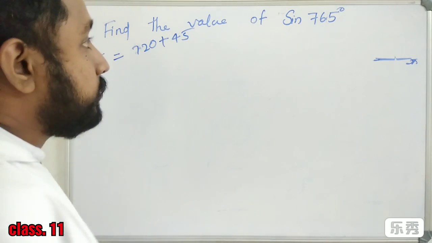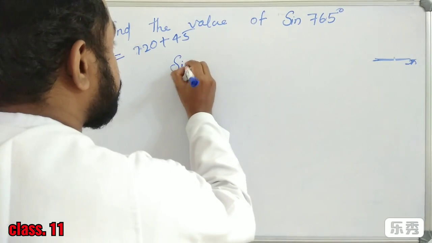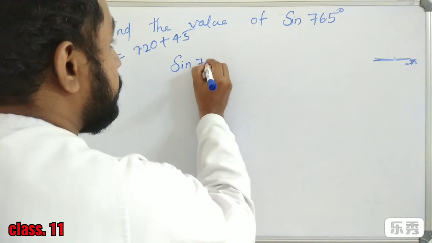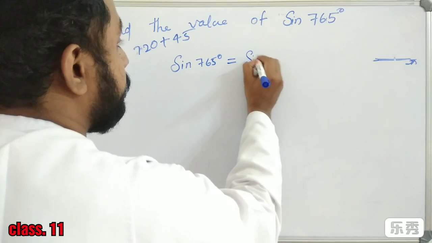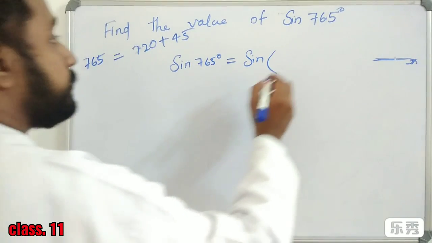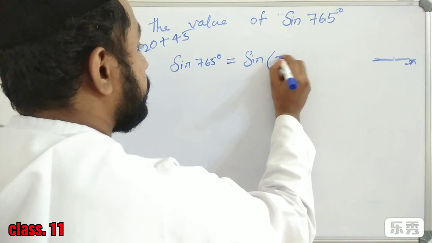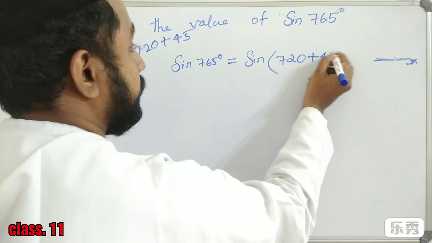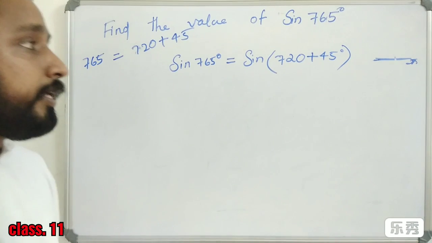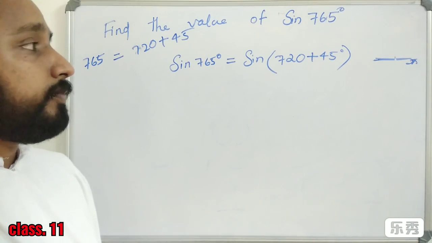So sin 765 degree is equal to sin of 720 plus 45 degree.